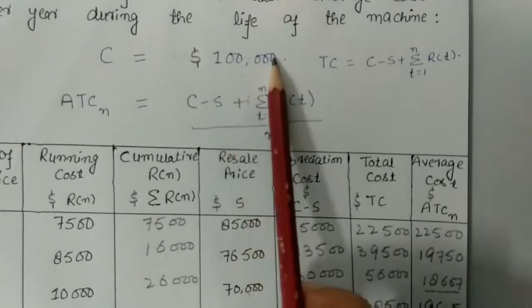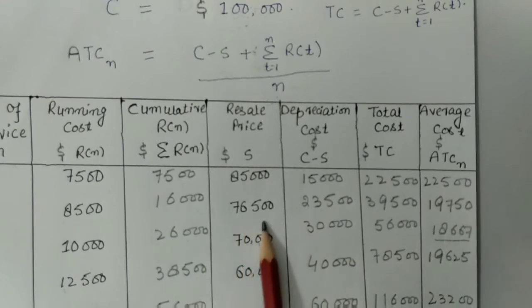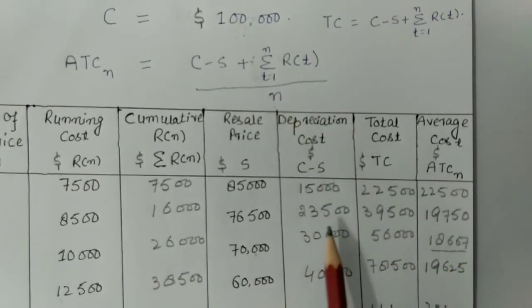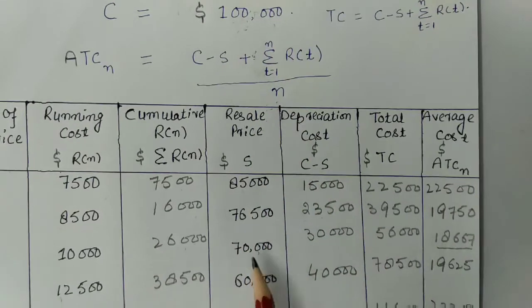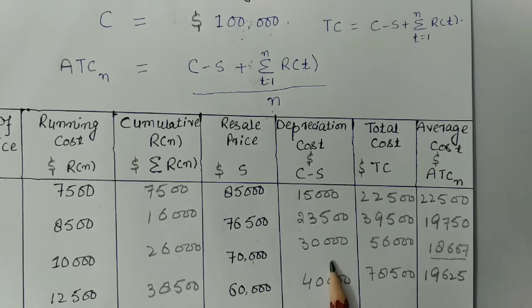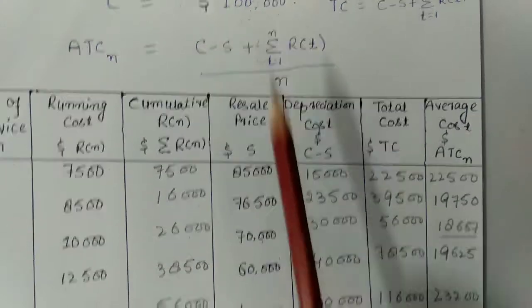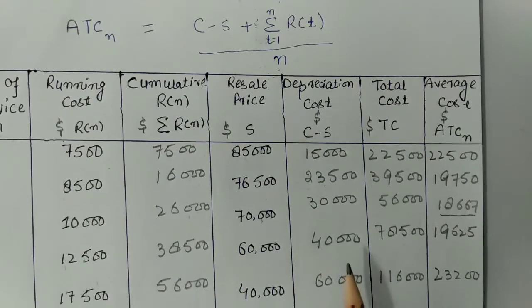Similarly, 100,000 minus 76,500 becomes 23,500. Then 100,000 minus 70,000 becomes 30,000. And then 100,000 minus 60,000 becomes 40,000, and so on.